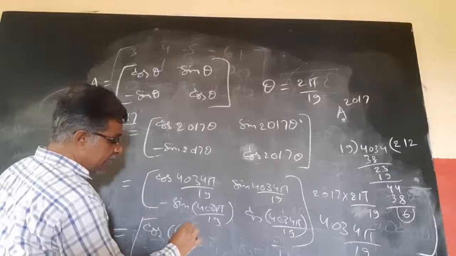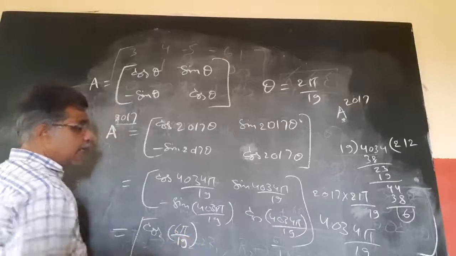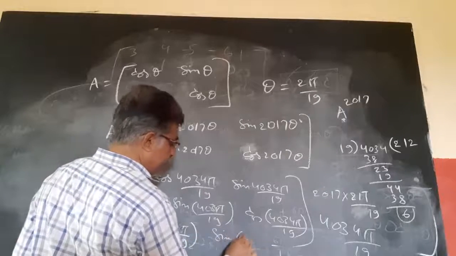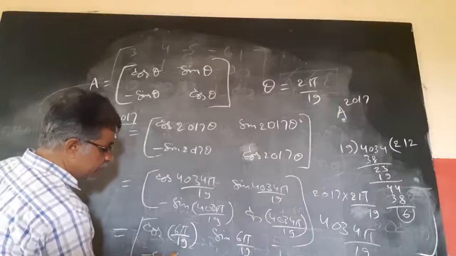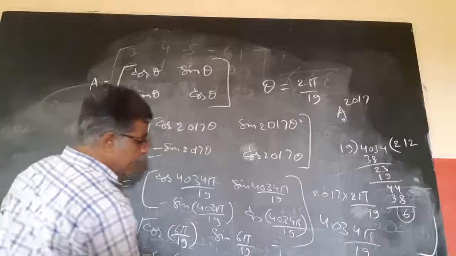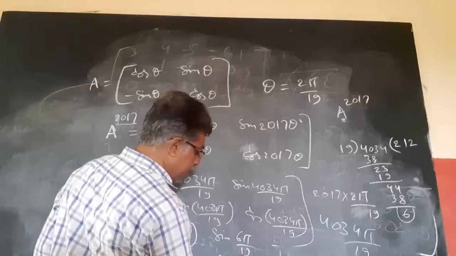Left out is again 6 pi by 19. Here cos of 6 pi by 19, sin of 6 pi by 19, and here minus sin of 6 pi by 19, cos of 6 pi by 19.